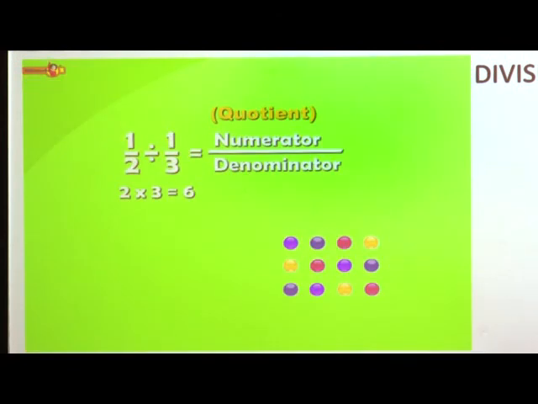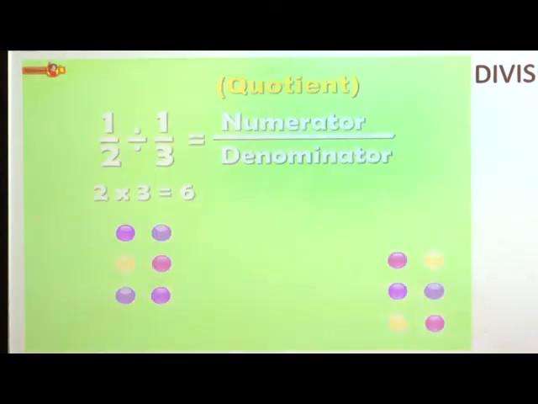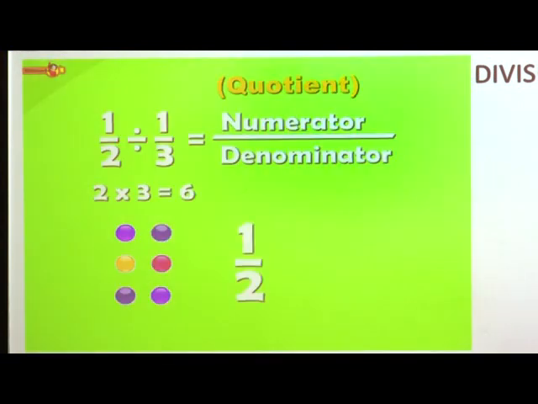So, take 6 buttons. Since the denominator of first fraction is 2, divide 6 buttons in 2 groups. We get 3 buttons in each group. Since the numerator of the first fraction is 1, so we will keep only one group. This group will be the numerator of the quotient.